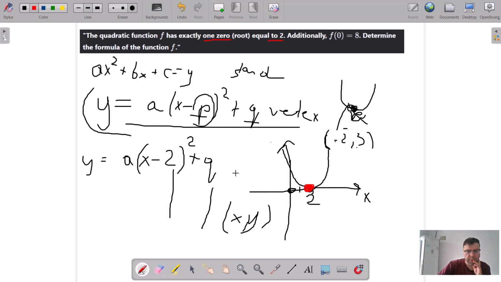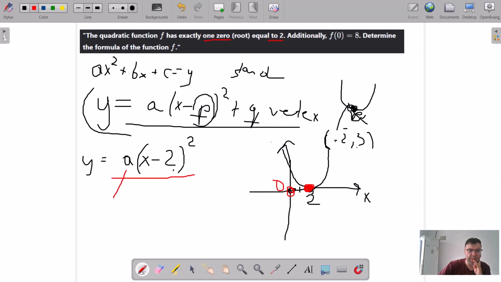So if we know that q equals 0, because y is 0 here, we can erase it. We don't need q. So our equation is almost ready. We only need to know what a is. We already know y equals a(x minus 2) squared.